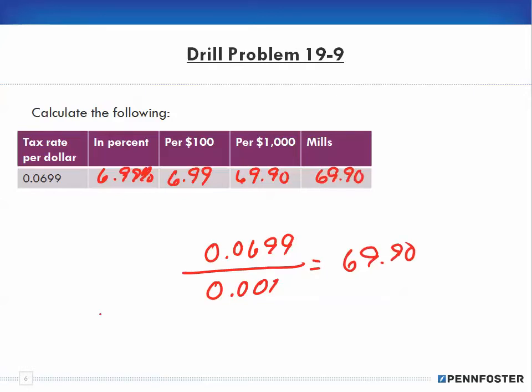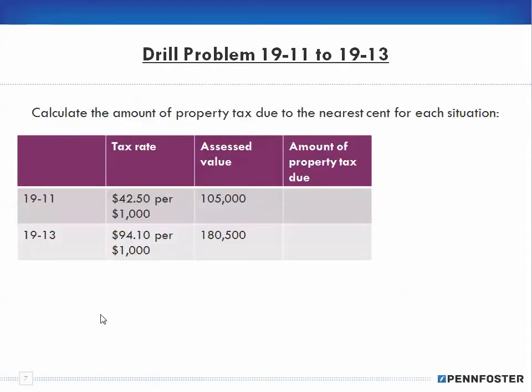Just that simple. All right, 11 to 13, it says calculate the amount of property tax due to the nearest cent for each situation. This is basically just doing the same thing twice. If I have an assessed value of 105,000, we're going to divide it by 1,000.